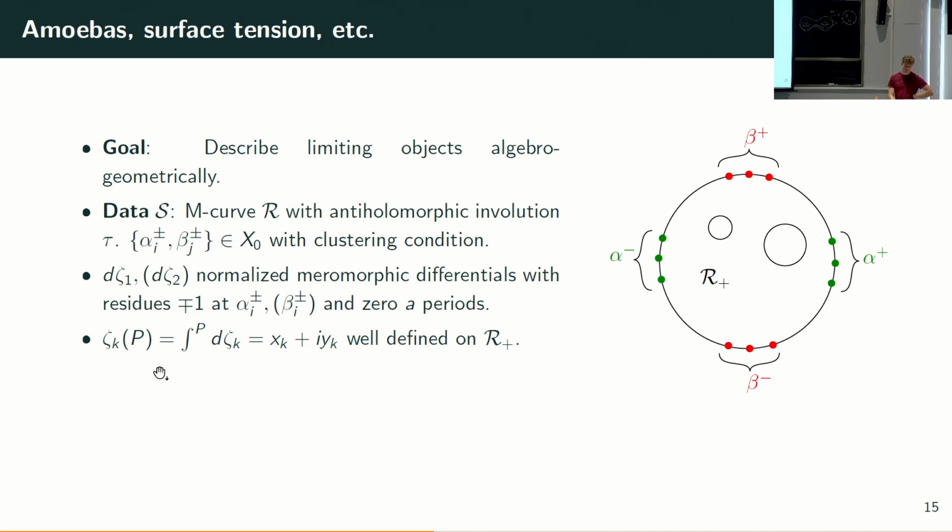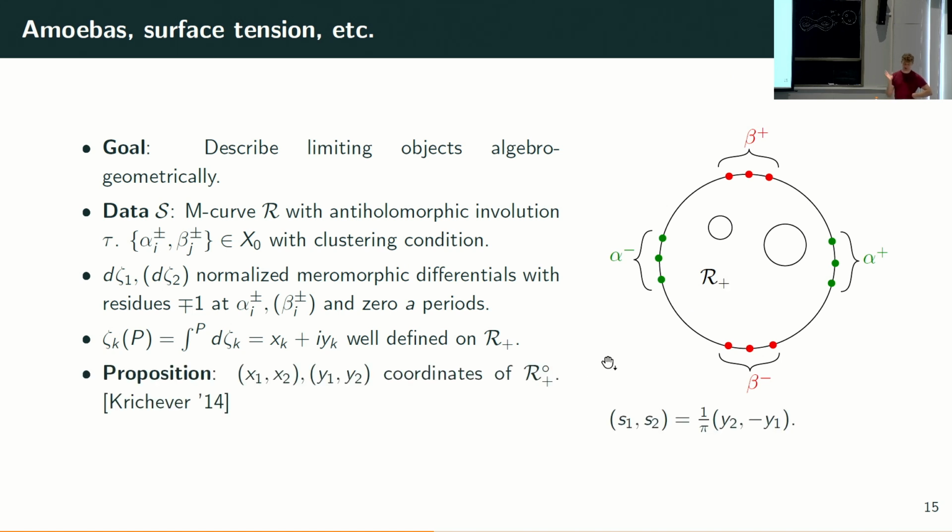Okay, so if you now take the integral of those differentials, I'll call their real and imaginary parts x and y. This is then well defined on R plus because we have 0 A cycles. So my A cycles are just these.